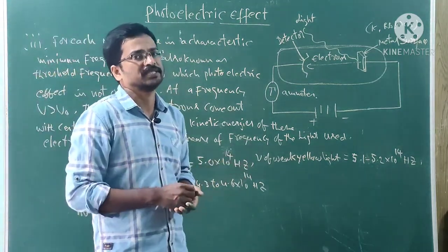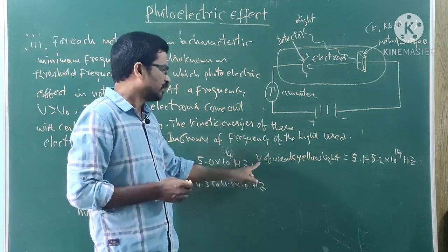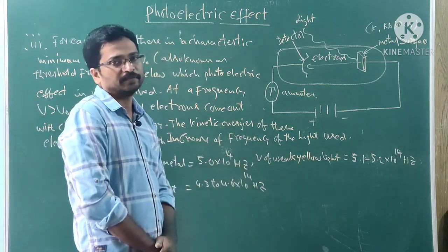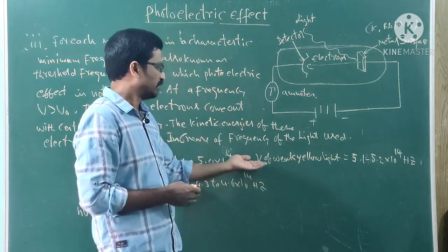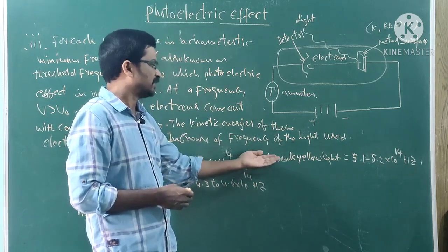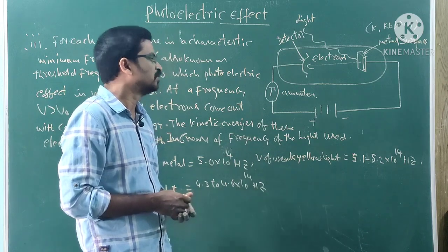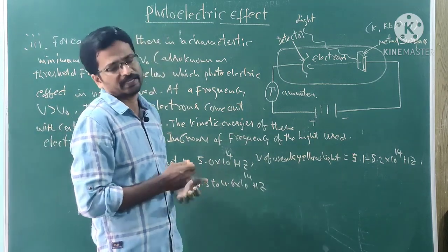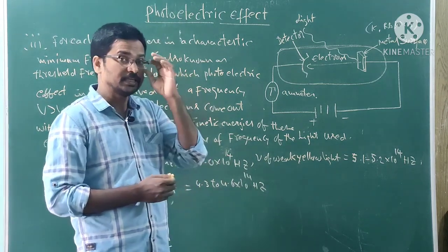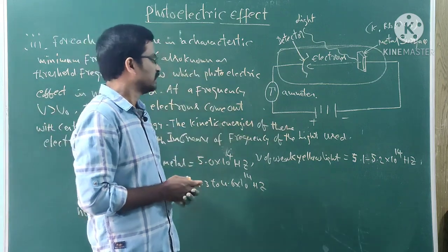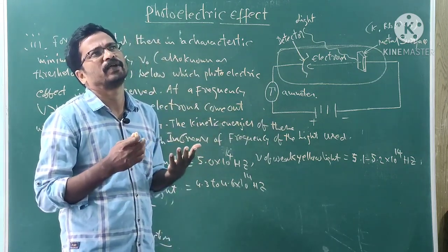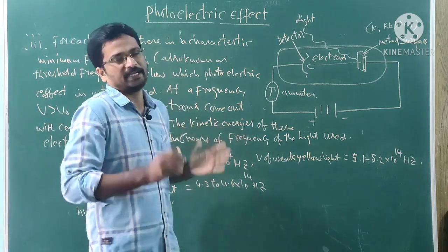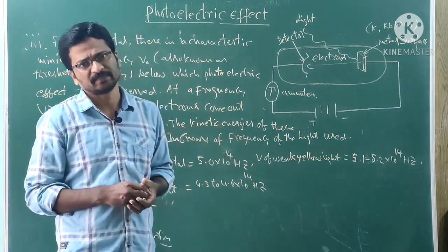Now there is another question. If the frequency of light is very high, where the weak yellow light is 5.1 to 5.2 times 10 to the power of 14 Hz, in case the frequency of this one is very high, 6.0 or 10.0 times 10 to the power of 14 Hz, then what happens?